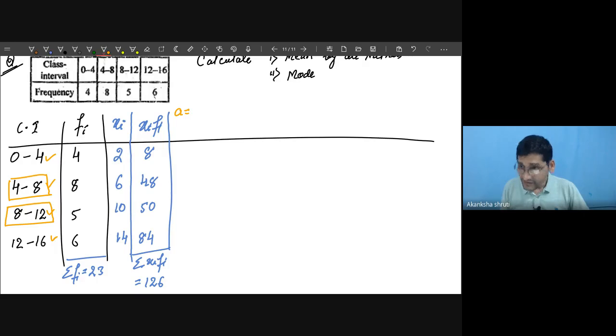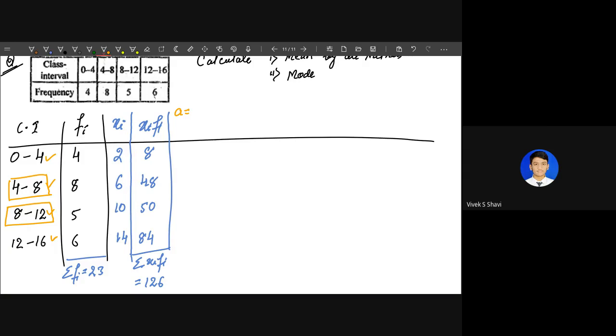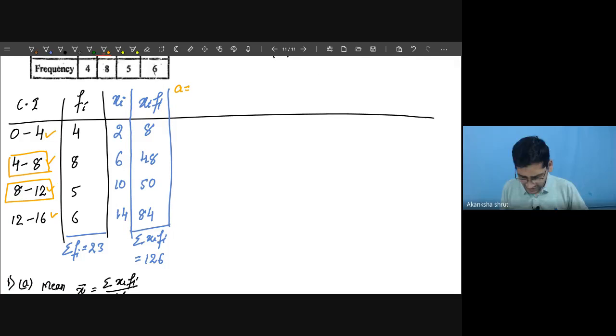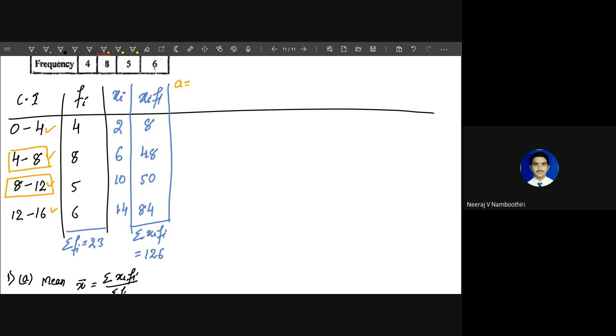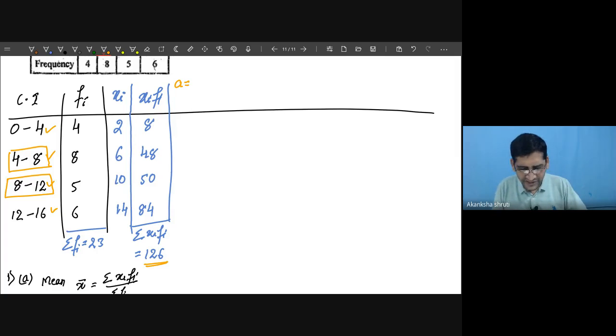Yes, tell me. Sir, I multiplied that wrong. Sir, summation xi fi, what is that value? Sir, summation of xi fi is 190. Okay. Summation of fi xi is 190. Okay. I hope. So this is our 190. Please correct accordingly.